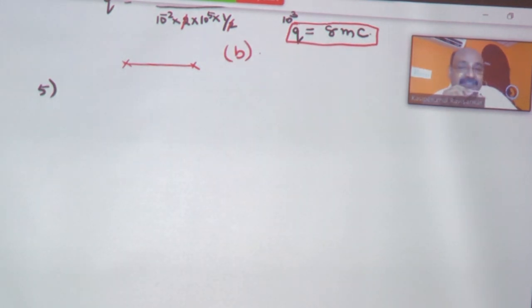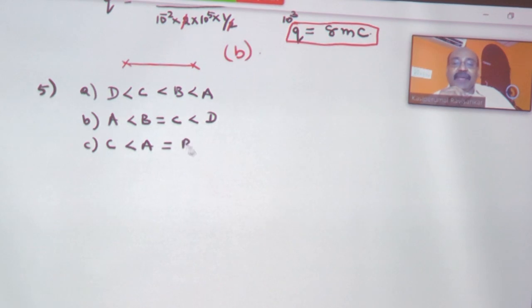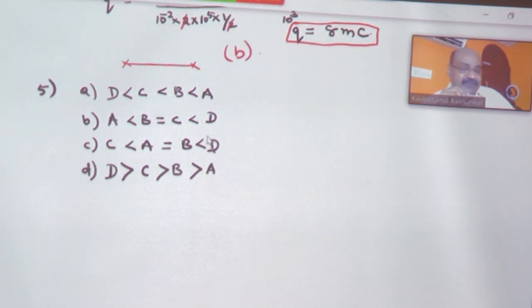The 4 options given are: option A, D less than C, less than B, less than A. Option B, A less than B equal to C less than D. Option C, C less than A equal to B less than D. Option D, D greater than C, greater than B, greater than A. These are the 4 options given.